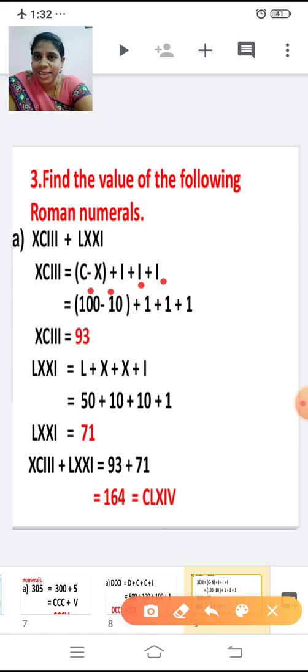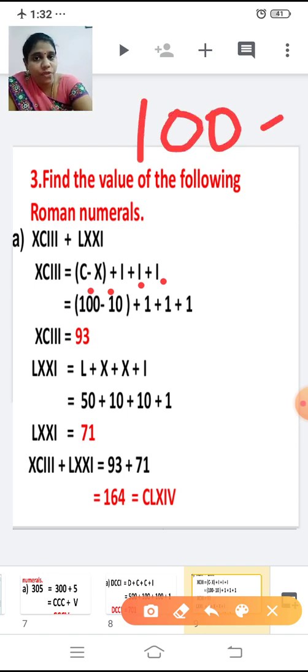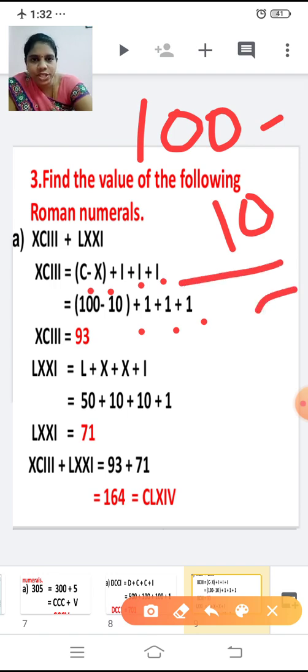What is the value for C? 100, minus what is the value for X? 10, plus what is the value for I? 1 plus 1 plus 1. Now tell me, what is the value for 100 minus 10? 0 minus 0 is 0.